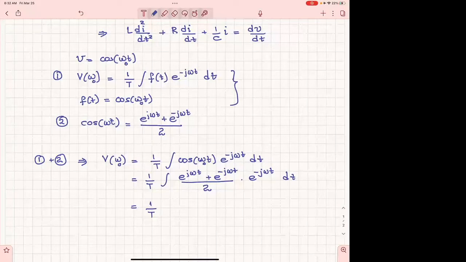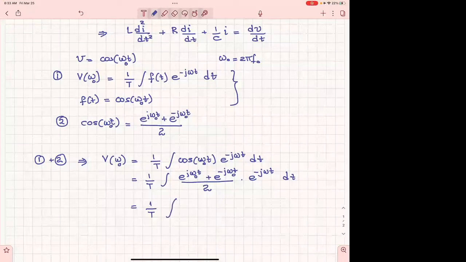So omega naught, for example, is going to be 2 pi f naught, where f naught is the frequency of our source. So it has to be omega naught, to differentiate from the other omega.